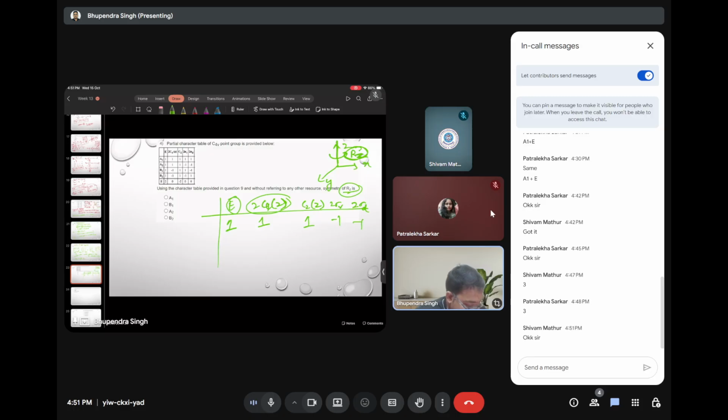Now try to see which symmetry species has these characters out of these. Now you tell me the answer. It will transform according to that symmetry species, this symmetry of RZ.